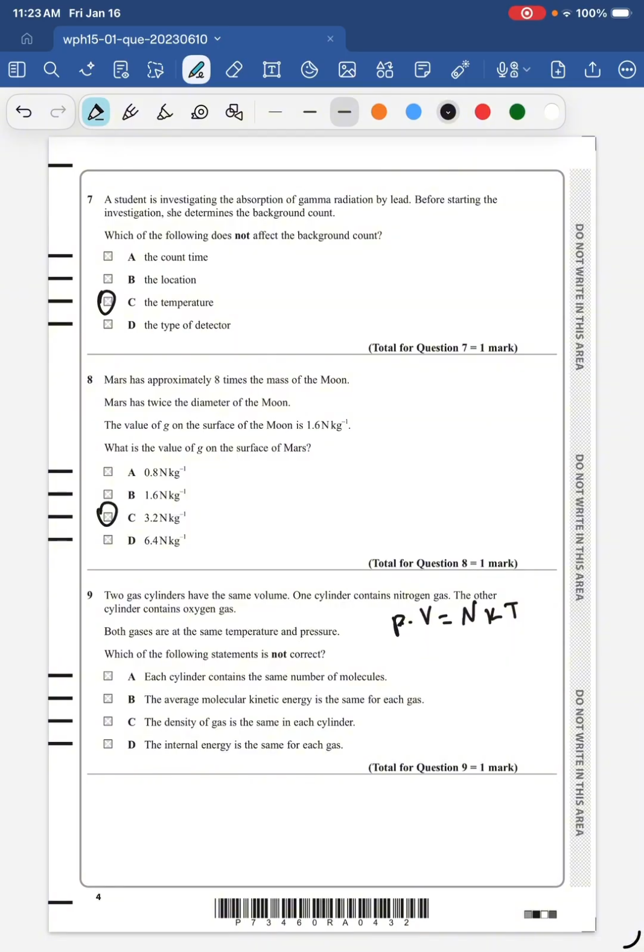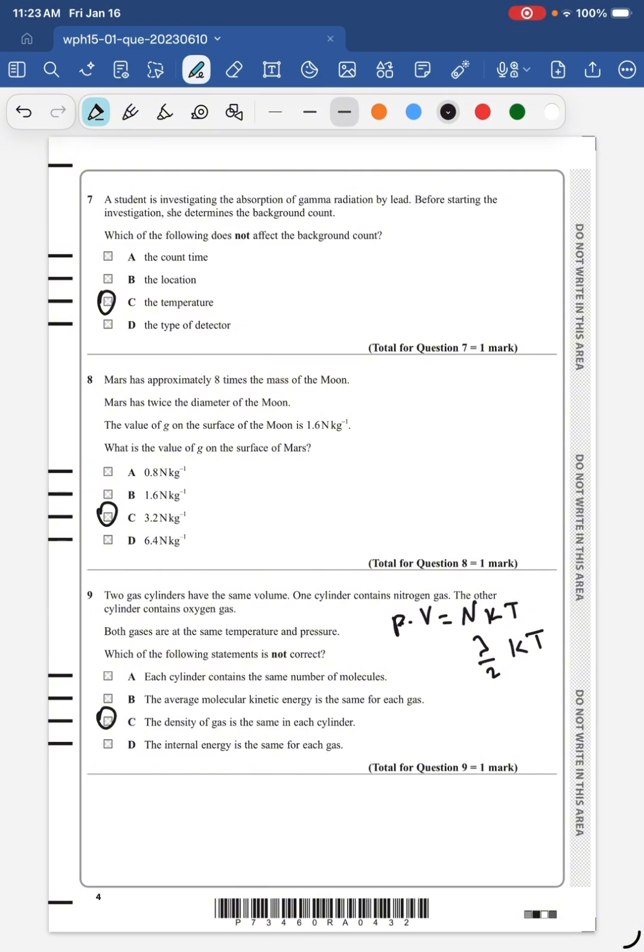Then B, the average molecular kinetic energy is the same for each gas. Yes, because the kinetic energy is 3/2 kT, right? It's independent of the mass. C, the density of gas is the same. No, that's wrong, because they have different masses.